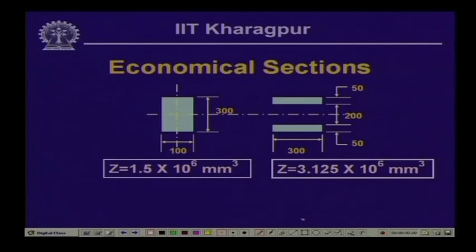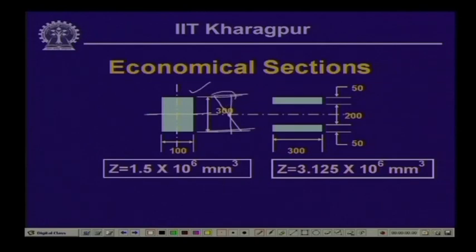Now, let us look into another aspect which is important. We were dealing with a section which is symmetrical with respect to the vertical axis and could be unsymmetrical or symmetrical with respect to the horizontal axis. Also we have seen the distribution of the stress. You have noticed that we get 0 stress at the neutral axis and then it has a linear variation.